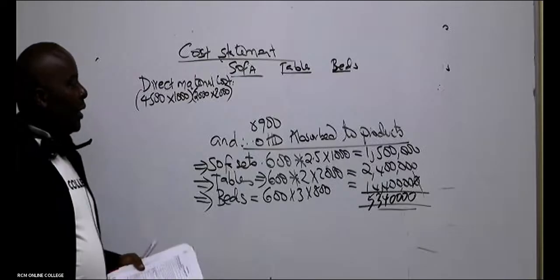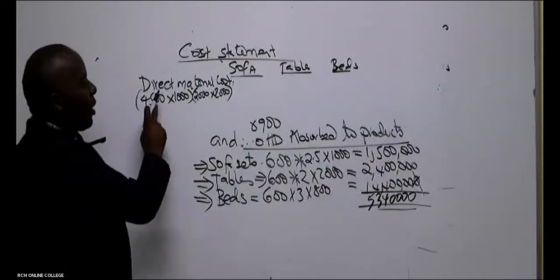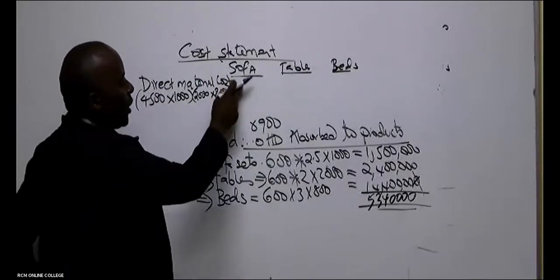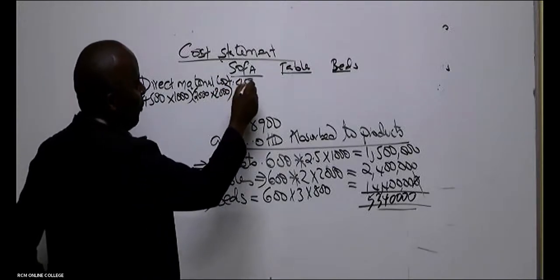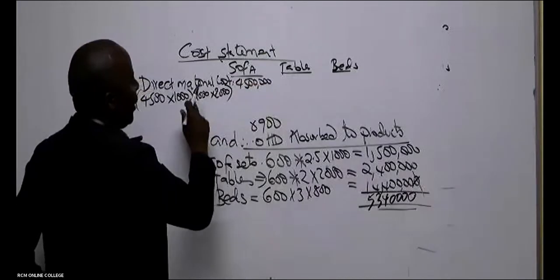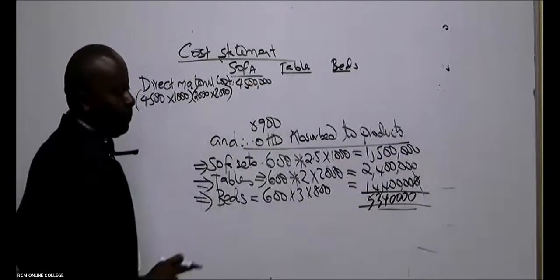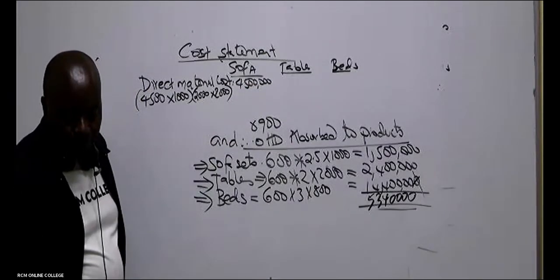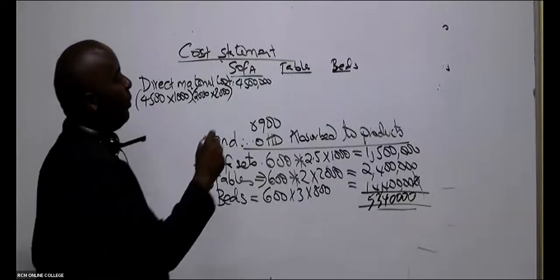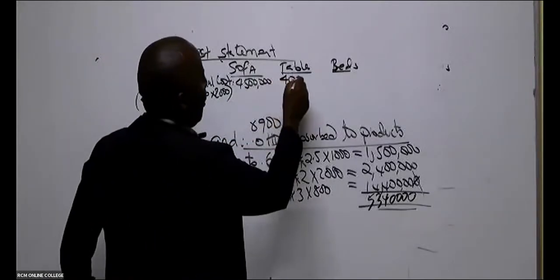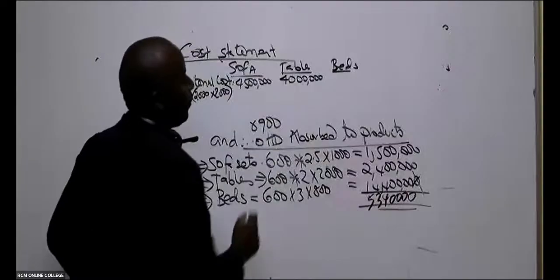All right. Then give me the direct material cost for sofa sets first. 4,500 times 1,000 gives 4.5 million. Then tables, 2,000 times 2,000 gives 4 million. And are you able to see the value for beds now?